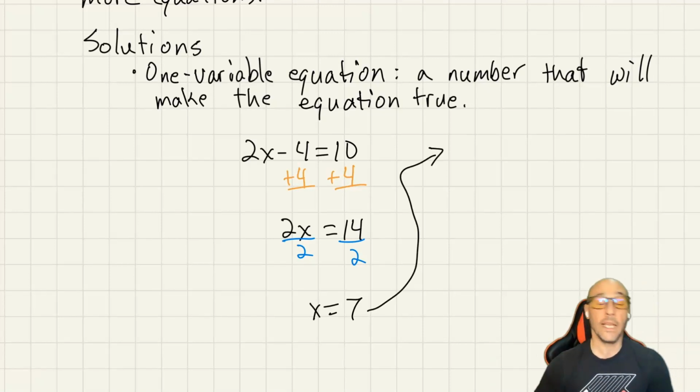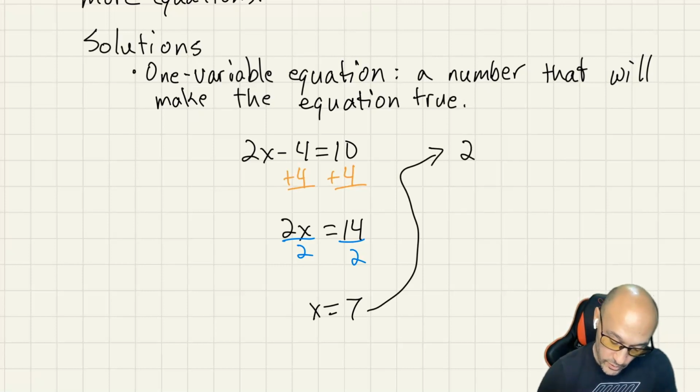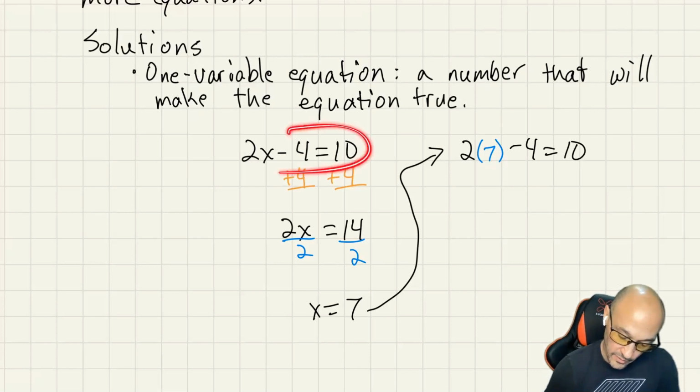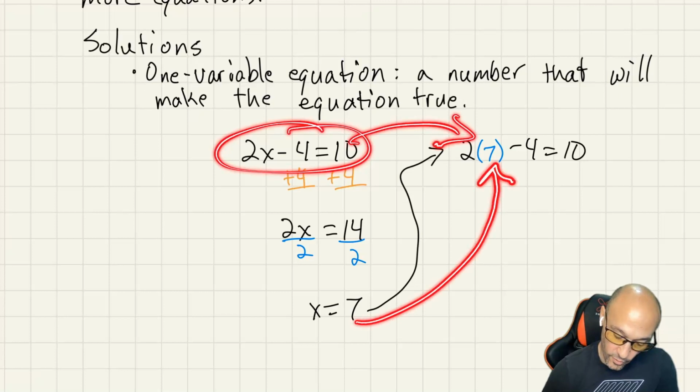Now, is it true that the number 7 will make that original equation true? Well, 2 times 7 minus 4 equals 10. So notice I'm just taking this equation and plugging in 7 for x.